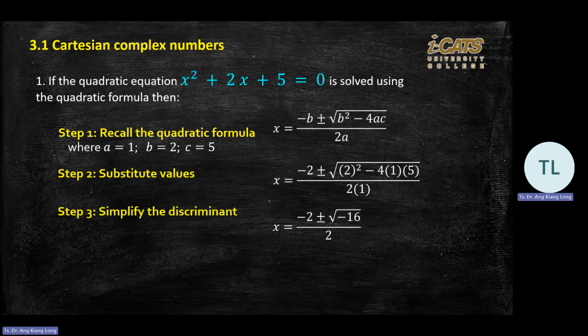So like this, you take the square root of this one. In this example, you will get the square root of negative 16. So with negative 16, we start to apply the imaginary number, which is i, where i squared equals negative 1. But for faster calculation, we always remember i equals the square root of minus 1.